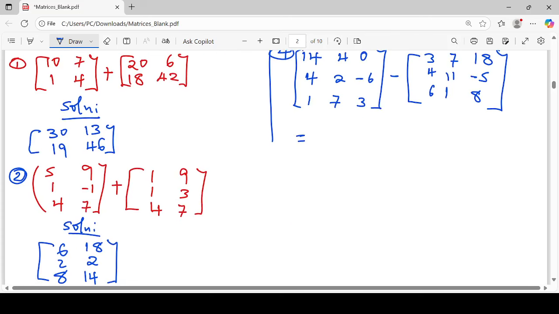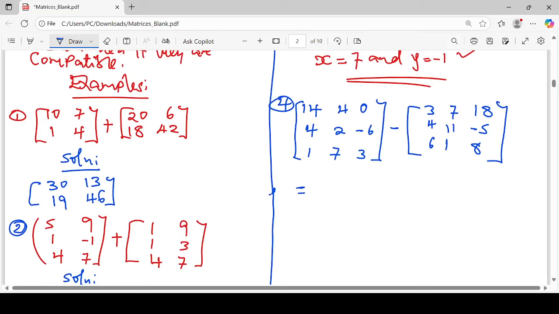The principle applies. You subtract elements in the same position. Let's look at our solution, learners. Our solution says 14 minus 3, that is going to be 11. 4 minus 4 will be a 0. 1 minus 6 will be negative 5.